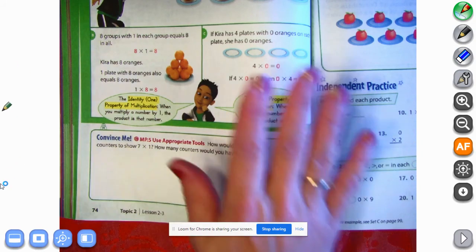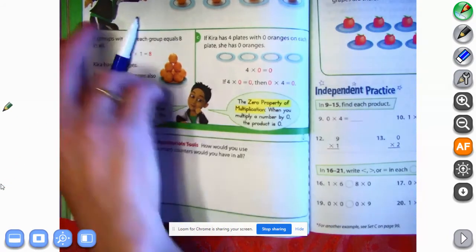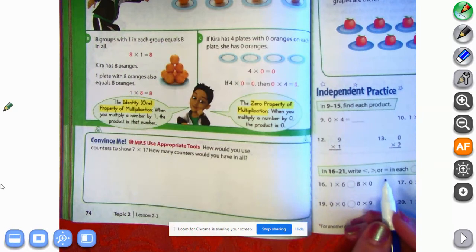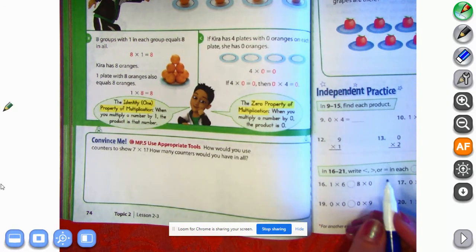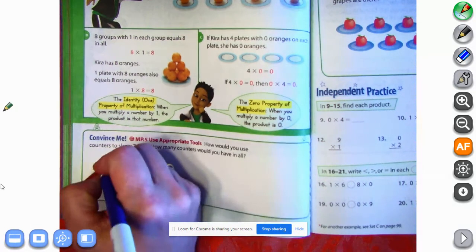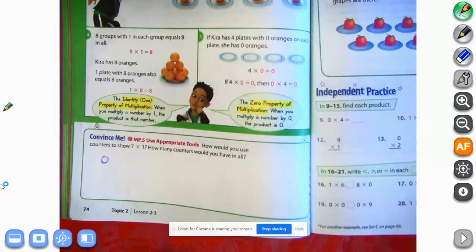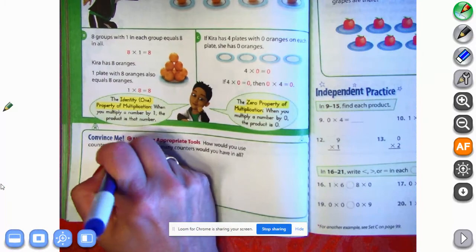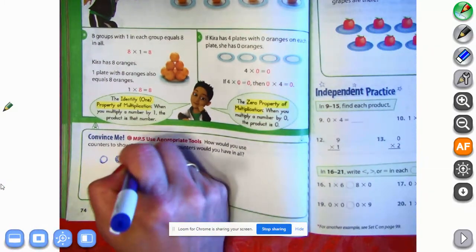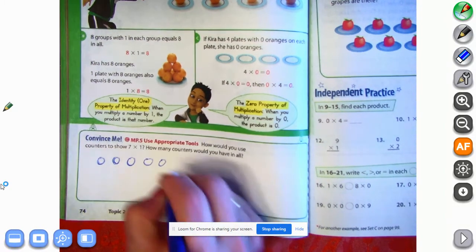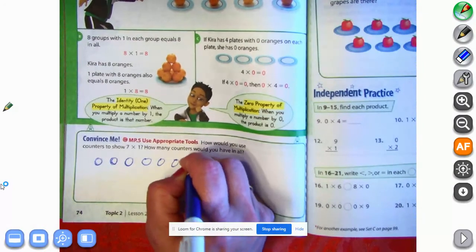So how would you use counters to show 7 groups of 1? You would have 1, and there's another, and there's 3, and 4, and 5, and 6, and 7.